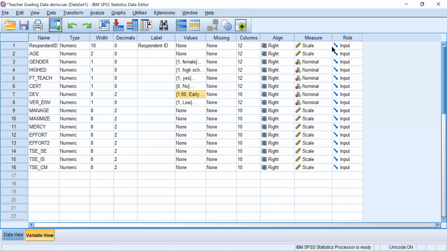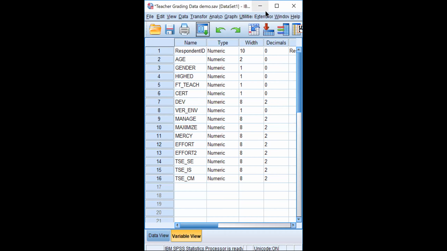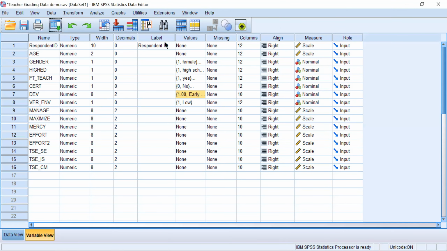So we have all these categorical variables: gender, highest level of education, and so on. And really with categorical variables, you want to just know a couple of things. You want to know how many people in the sample answered the question, and how many people belonged to each category. It's very simple. So we definitely use frequencies to obtain that.